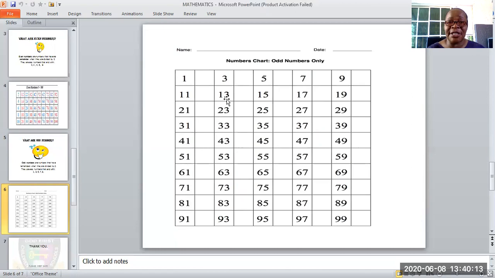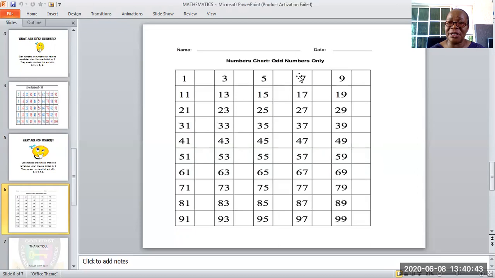Under the slot for number 3, we have 13, 23, 33, 43, 53, 63, 73, 83, 93. Under the slot for number 5, we have 5, 15, 25, 35, 45, 55, 65, 75, 85, 95.